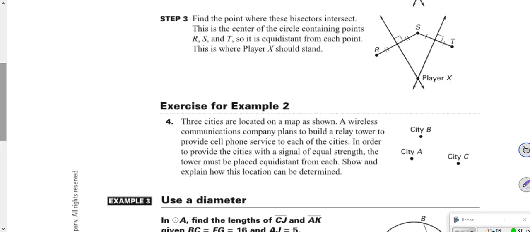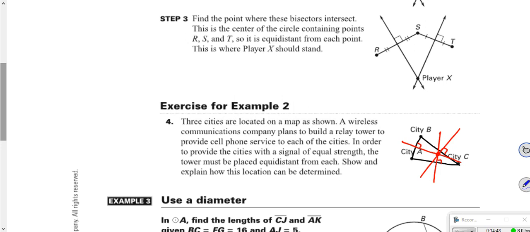So again, just like the example we did above it, if I draw a line segment from A to B, from B to C, and A to C, I would need the perpendicular bisector of each of these. So I'm just going to eyeball it here. If I draw the perpendicular bisector here, and here, and here, where they all meet, that's where the tower should be.